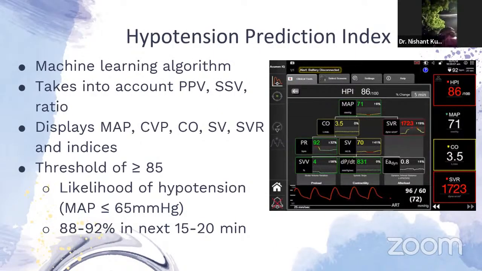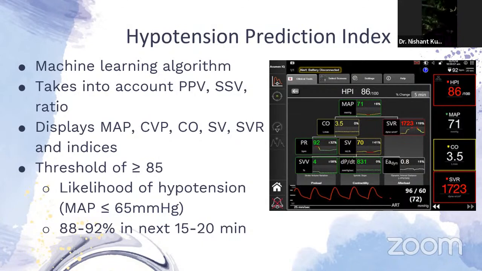So what we have is the hypotension prediction index. This is a machine learning algorithm. It takes into account the pulse pressure variation and stroke volume variation ratio, displays mean arterial pressure, CVP, cardiac output, stroke volume, systemic vascular resistance, and other indices. Now, this gives you a number.